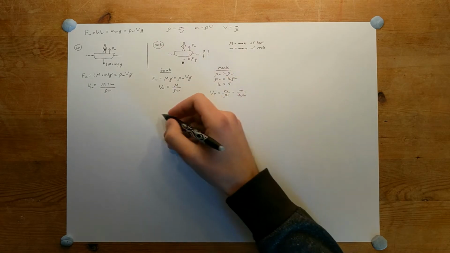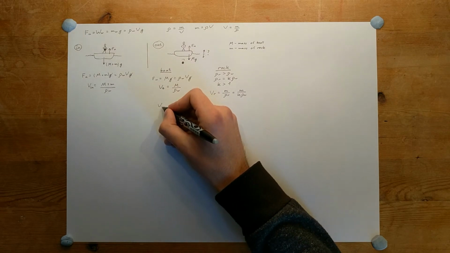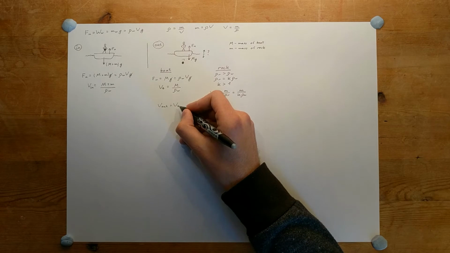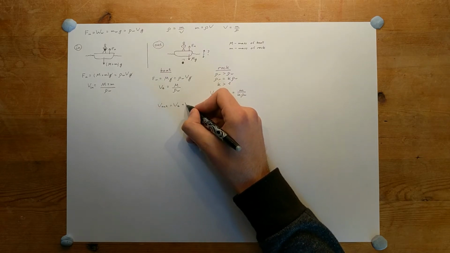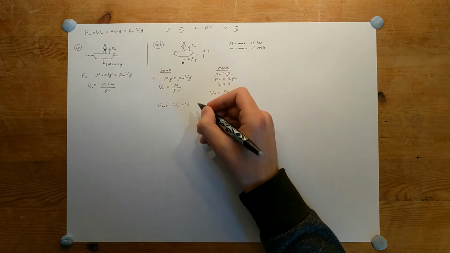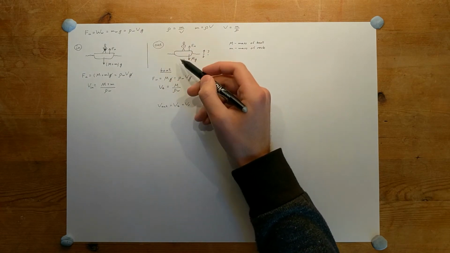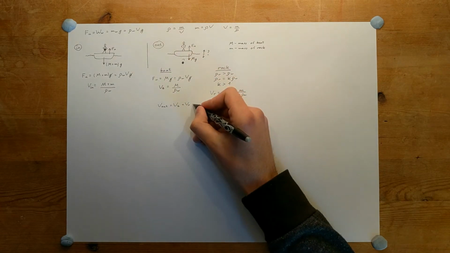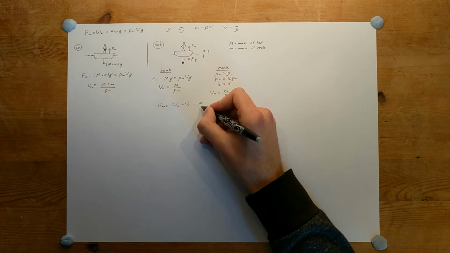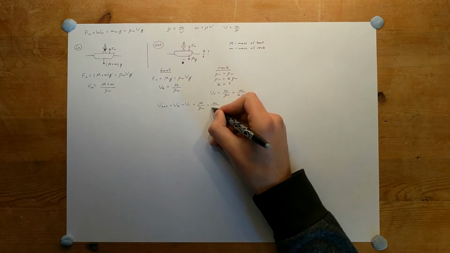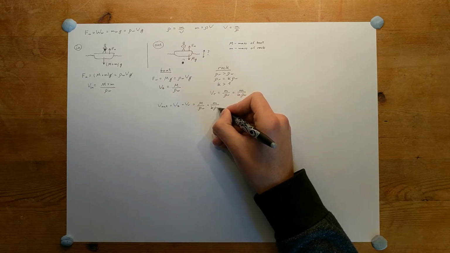So this is the volume of water displaced by the rock. And we just need to add these two volumes together: the volume of water displaced by the boat and the volume of water displaced by the rock, to get the total volume of water displaced in the second scenario. And this is capital M over the density of water plus small m over K density of water.